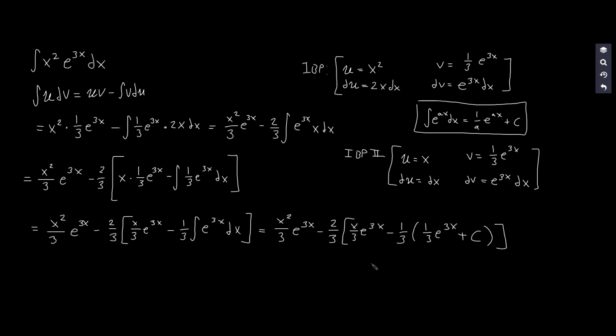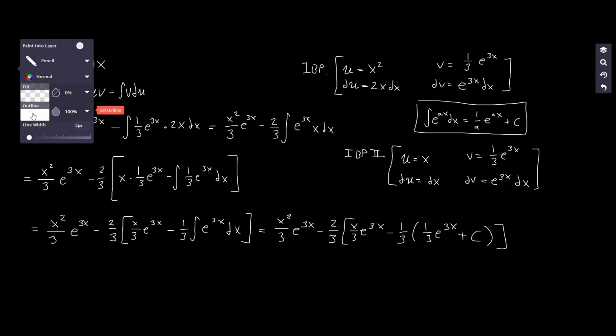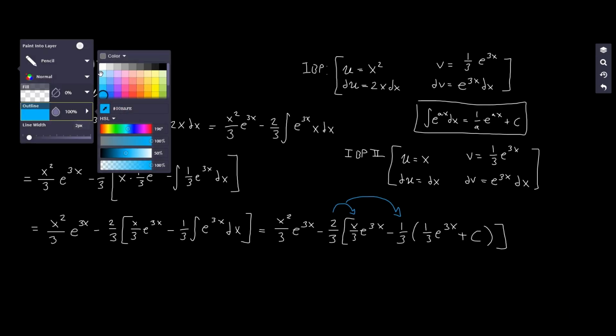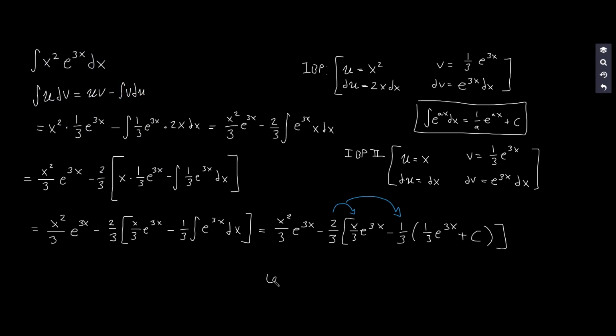And then here, I think I'm supposed to distribute this negative 2/3 to these terms. Distribute from the outside first, left to right.